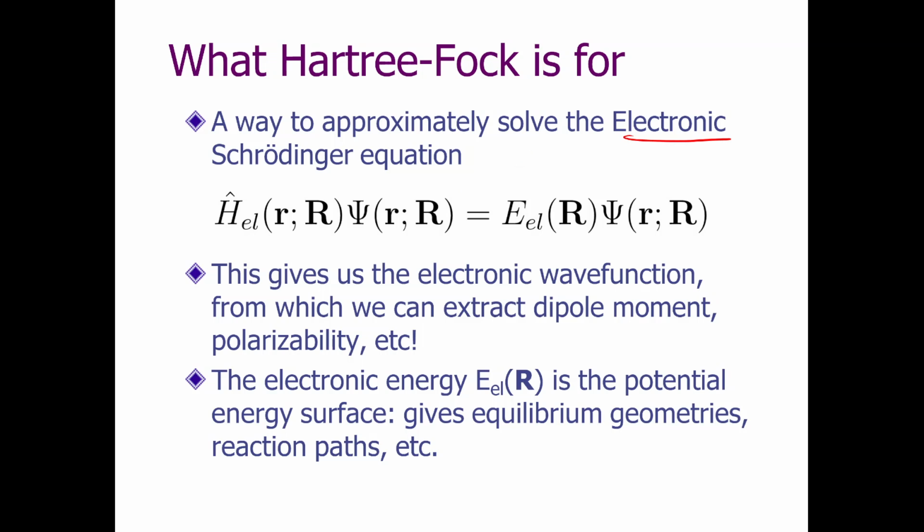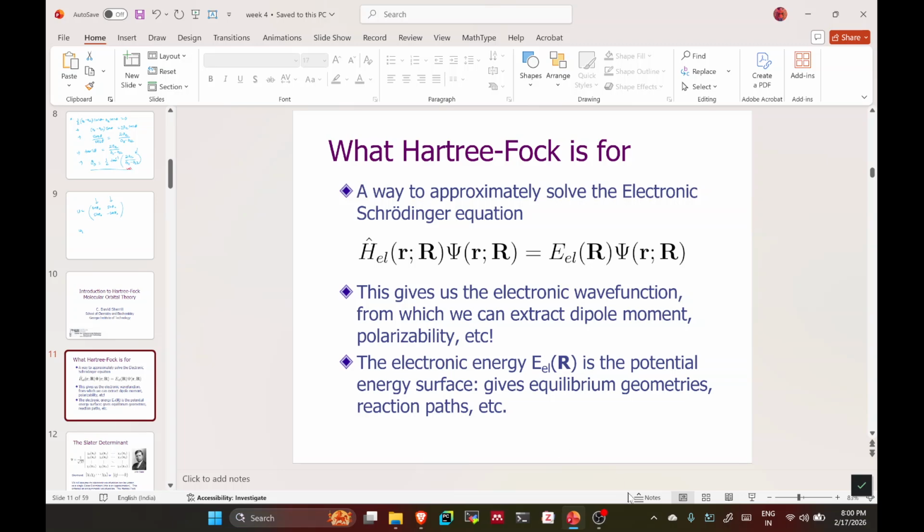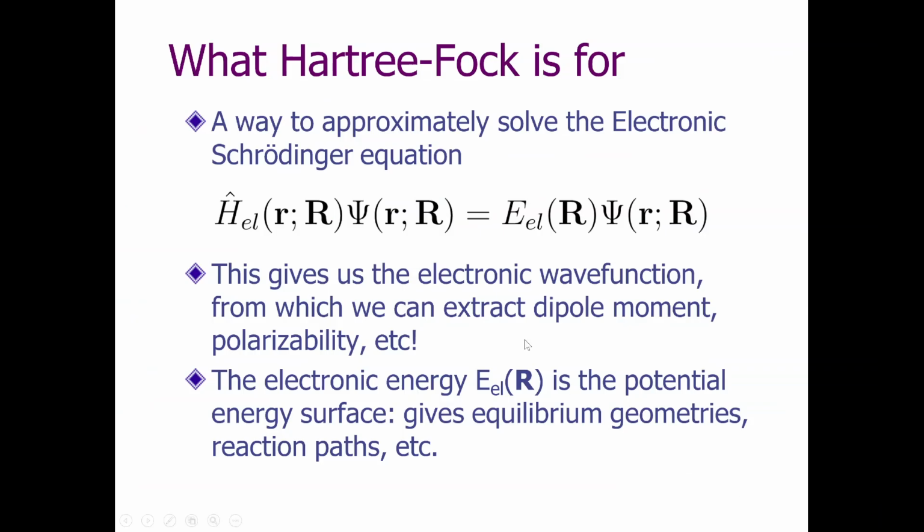We don't know the exact solution of this electronic Hamiltonian. So anyway, we have to get a good approximation for this, right? So we want to solve this Schrodinger equation.